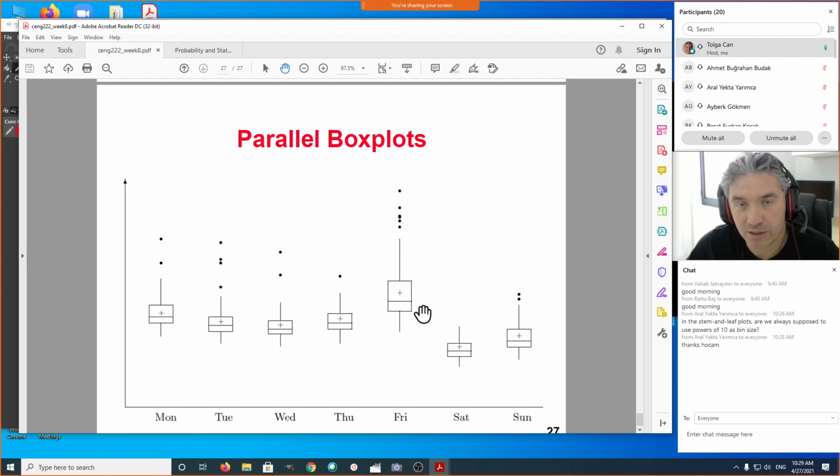In other words, it also shows you that the standard deviation of the sample is small. So 50% of your population is in this box. Okay, 50% not of the population, but of the sample. 50% of your sample that you collected on Fridays is within this box.